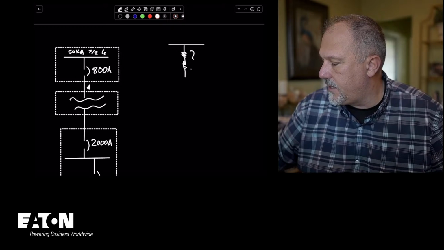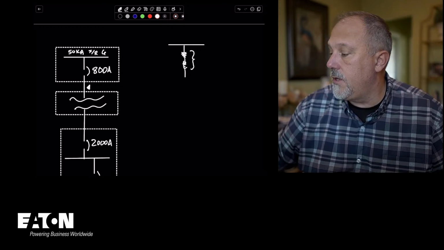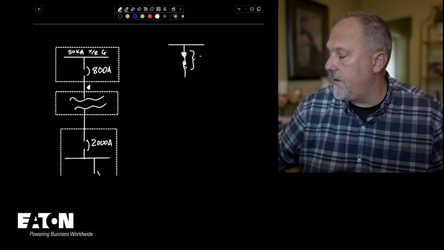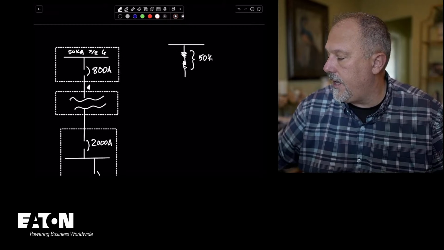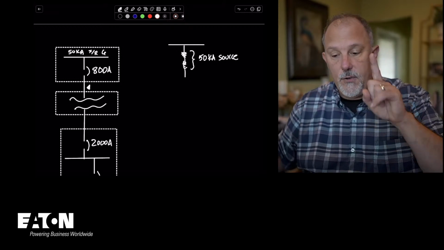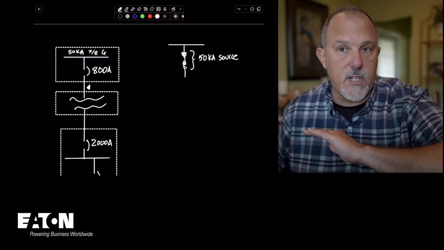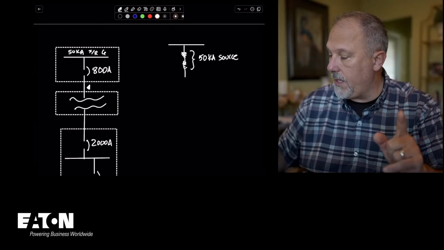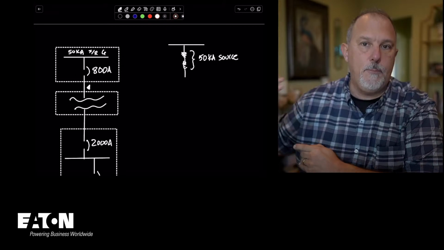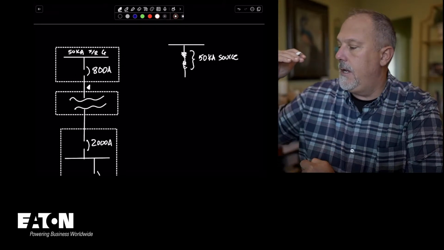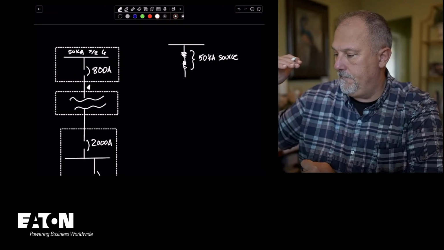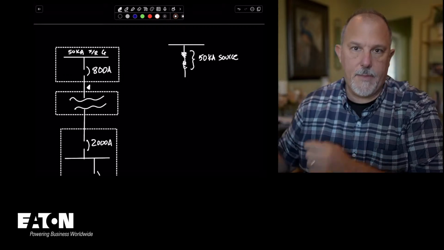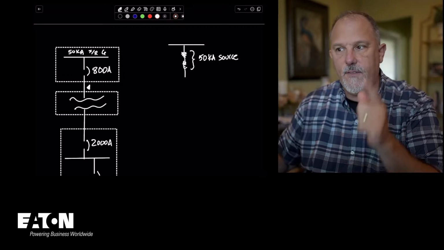Okay, so we'll call it the 50 kA source. And let me know now if you don't agree with 50 kA. If you want to do some other value, let me know now, because when we put the actual impedance value there, that's when it'll matter.